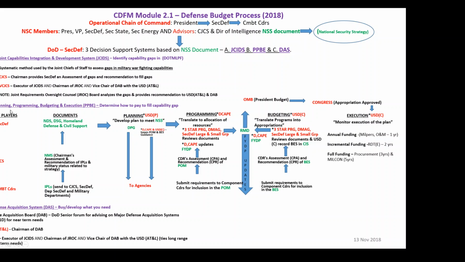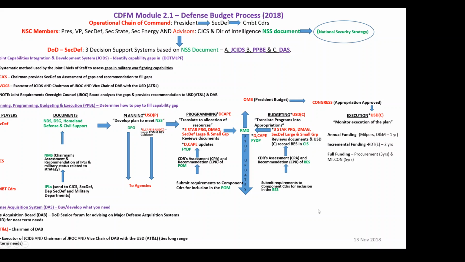If we're just asking for additional manpower or funding, because you need funding if you've got manpower, the PPBE is used to determine how to pay to fill the capability gap, to make sure somewhere in the cycle that we ask for the money early enough so that when we need it, that funding is available.